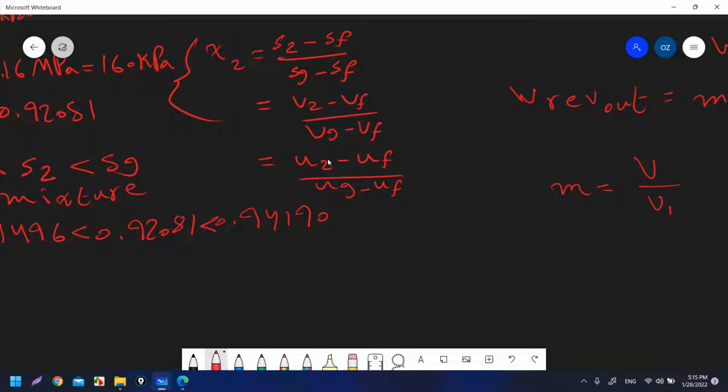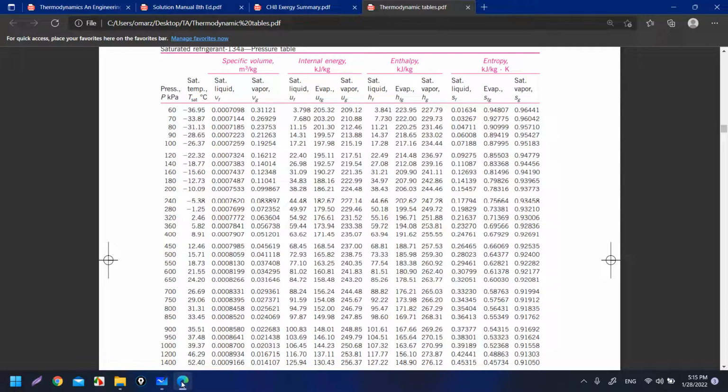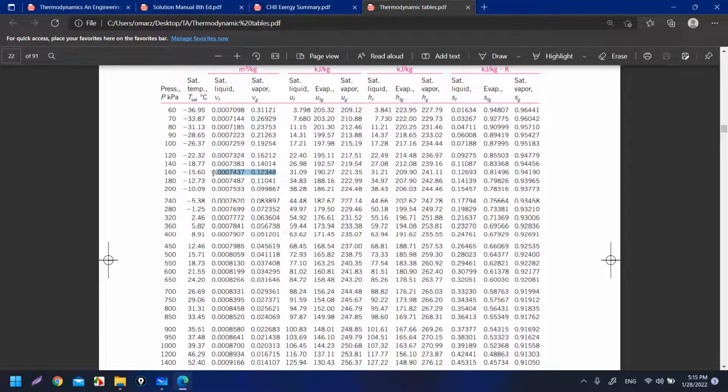So let's substitute. x2 equals 0.92081, that is S2, minus Sf, 0.81496, over Sg, 0.94190, minus 0.81496, equal to V2 minus Vf, and you can find these from the table. I already have the numbers. We were at 160, so I get Vg and Vf, and Uf and Ug. Also Sf and Sg, I wrote them.